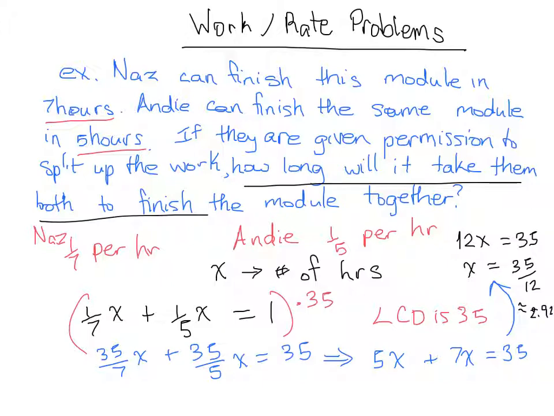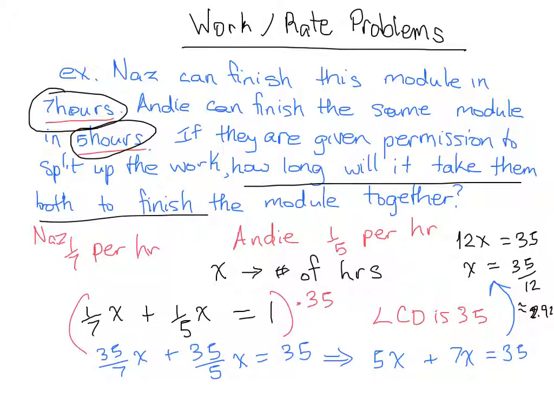Okay, then you want to check to make sure your answer makes sense. Remember that alone it would take Naz 7 hours, and alone it would take Andy 5 hours, and now they're working as a team. So it's supposed to take them less than it took either one of them, and that makes sense. We could check in more depth, but overall it makes sense that it would take less time than it took either of them.